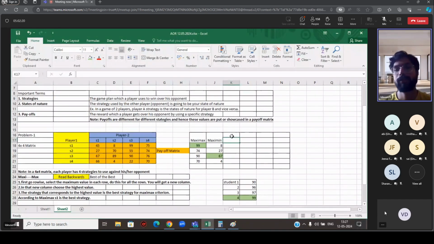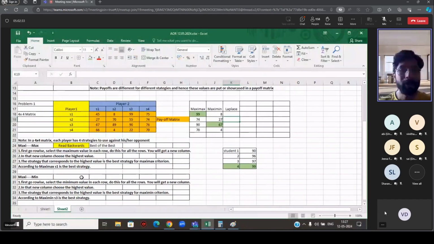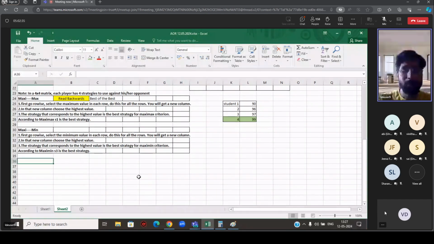Now next, it is criterion of Laplace or rationalism. So for Laplace, what do you need to do? You got to take the average.